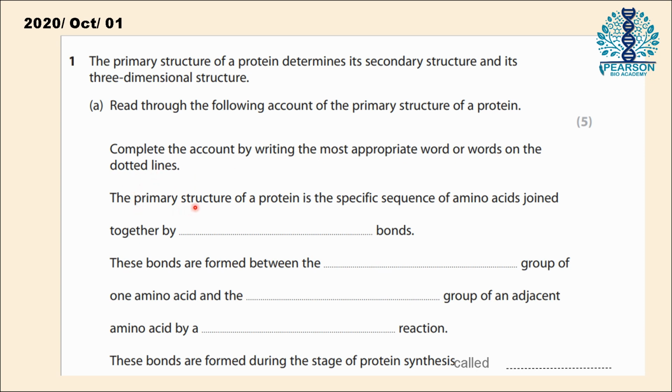The primary structure of a protein is the specific sequence of amino acids joined together by peptide bonds.